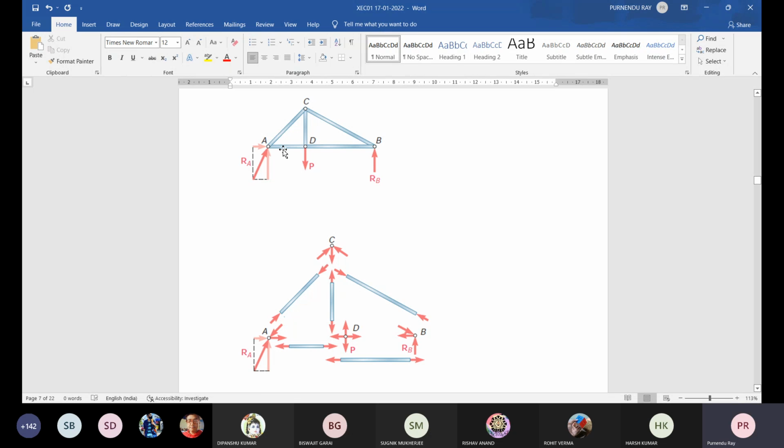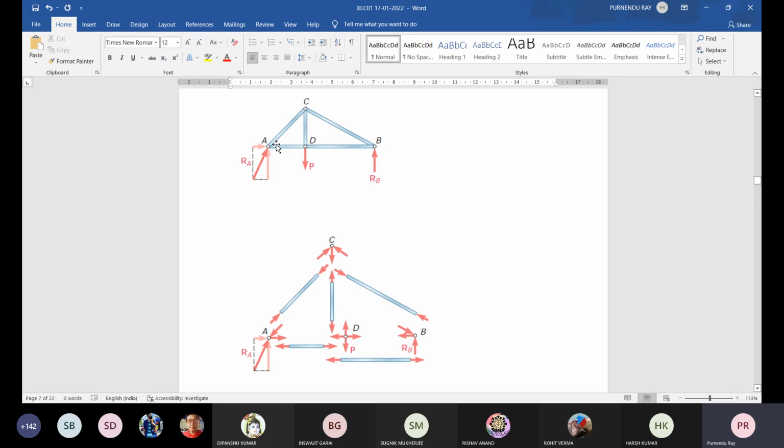So for this member AD, at D, 3 members are connected and 1 applied force is there. So at D, P is on the joint only, on this pin. P is the applied vertical force, and forces offered by the members on the joint will be along these members. So one force along this member DB, other force along the member DA, other force along the member DC, and this is the vertical applied force.